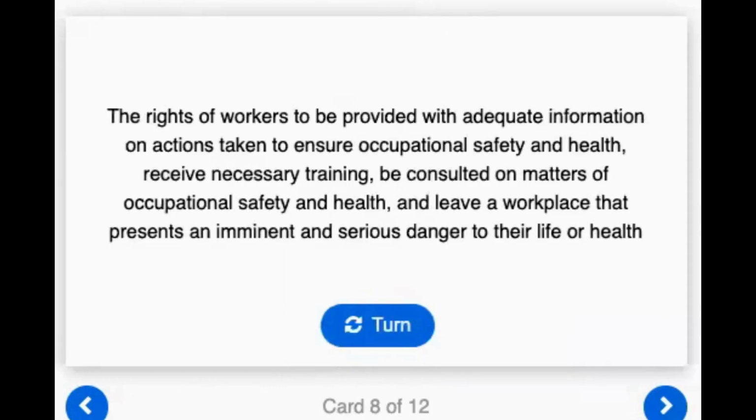The rights of the workers to be provided with adequate information on actions taken to ensure occupational safety and health, receive necessary training, be consulted on matters of occupational safety and health, and leave a workplace that presents an imminent and serious danger to their life or health. So these are the workers' rights which he has with his employer.